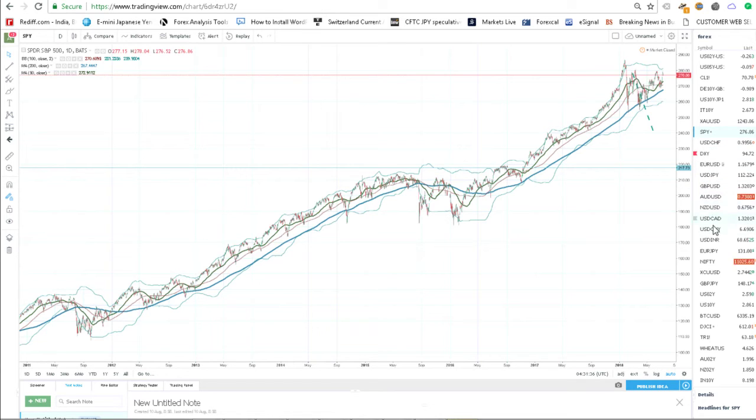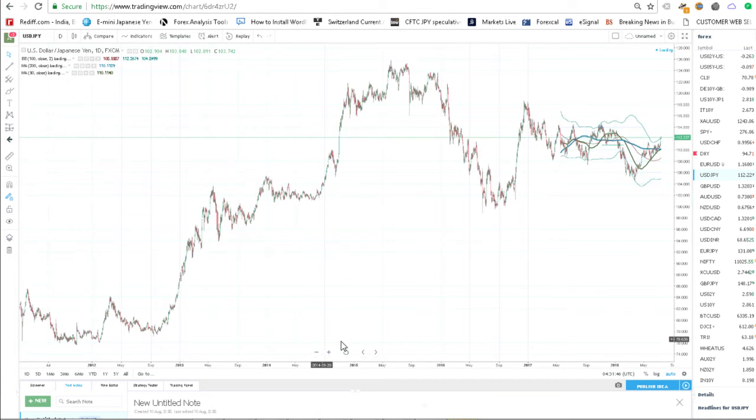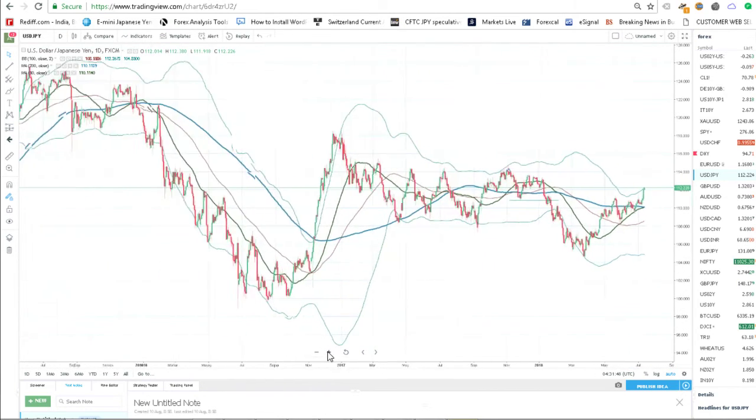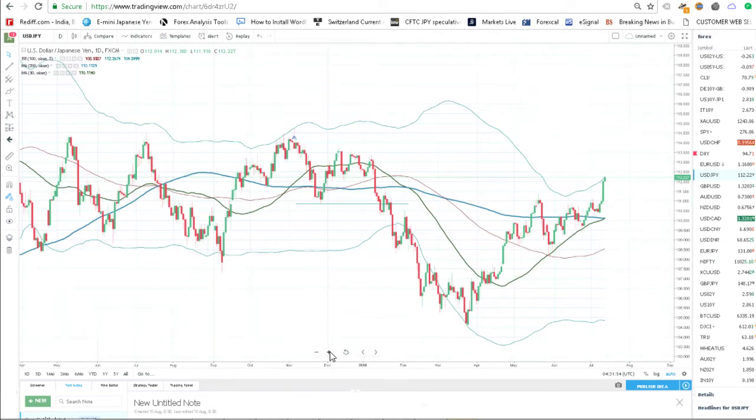And now the big one that again we have been advocating, which is the USD JPY, one of our favorite pairs. We have been trading this on and off, but because of yesterday's breakout, we have not traded that too much. We might be waiting for a little bit of correction, but that doesn't look likely at all. Now this is a move here and the move started somewhere at 110.4.